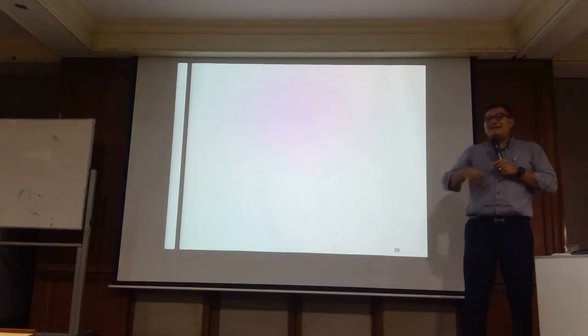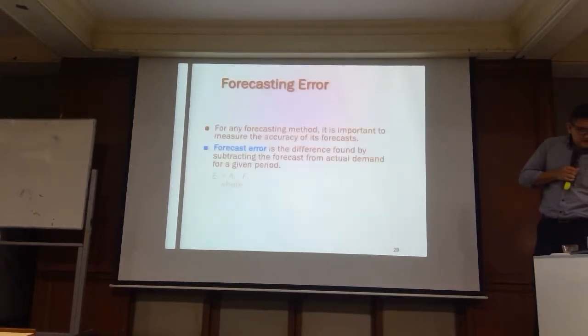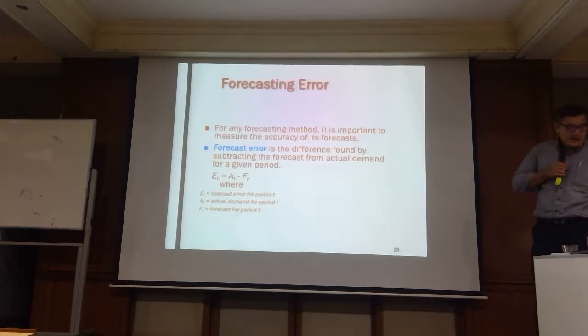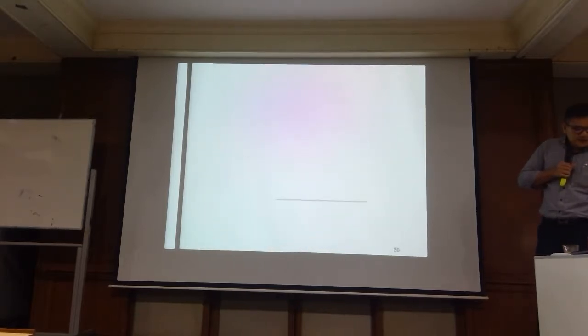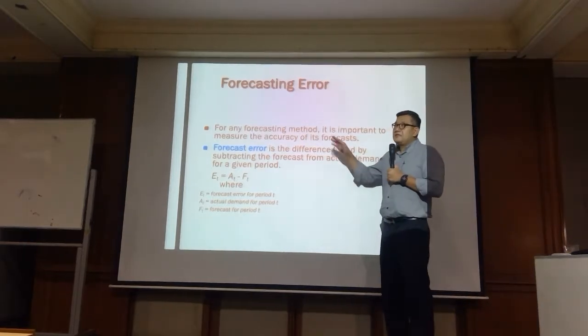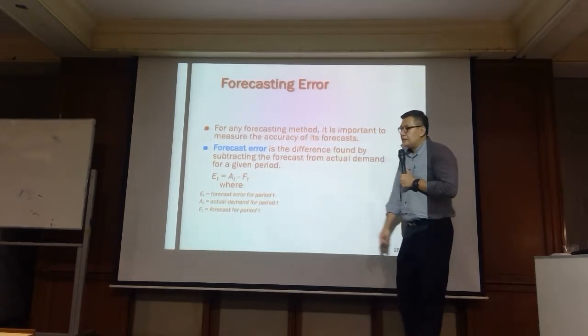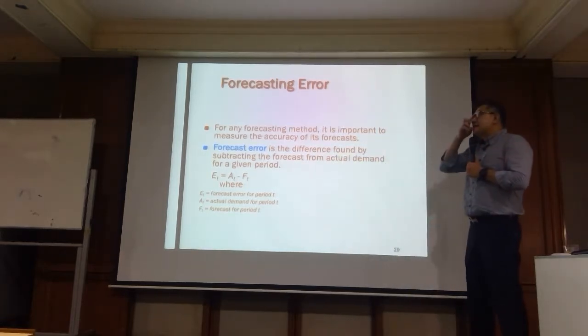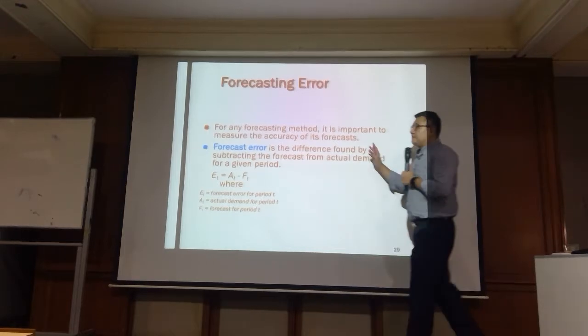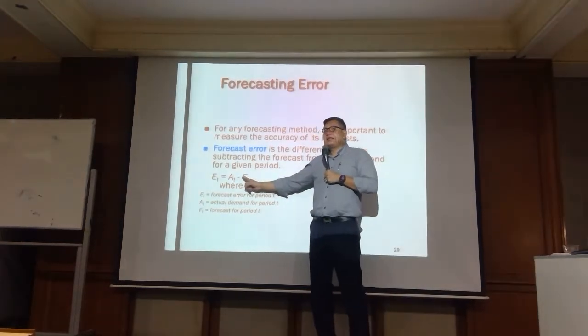Okay, so I need you to do some calculation that shows whether you understand or not, right? Before we go to the next techniques that have more calculation, one thing you need to know, because we can use this at the end of the forecasting technique, is the forecasting error. Forecasting error is the difference between the actual and forecasting value.